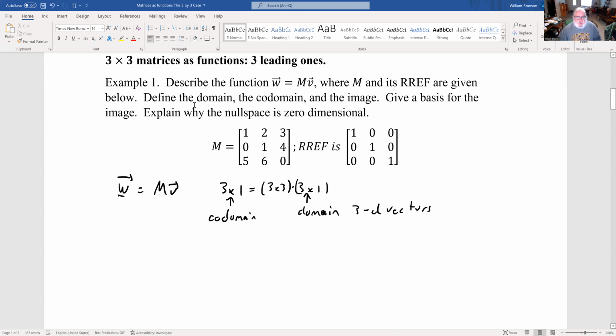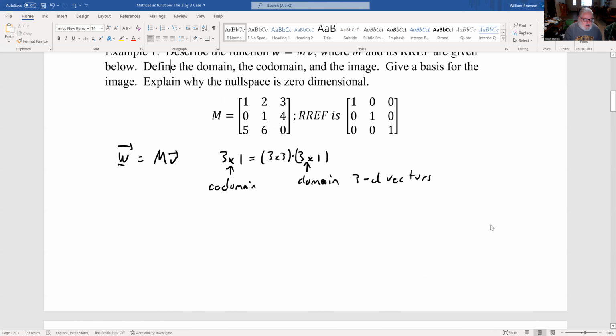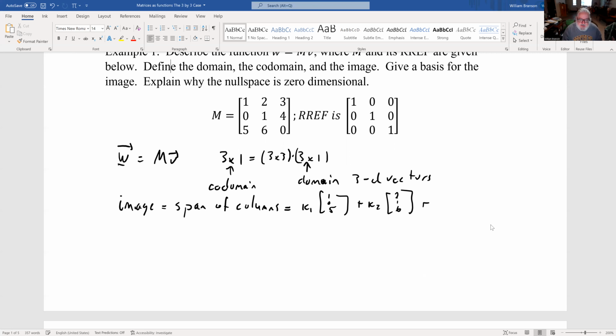What's the image? So the image is the span of the columns, so that's the set of all vectors of the form k1 times (1,0,5) plus k2 times (2,1,6) plus k3 times (3,4,0), because those are the columns.